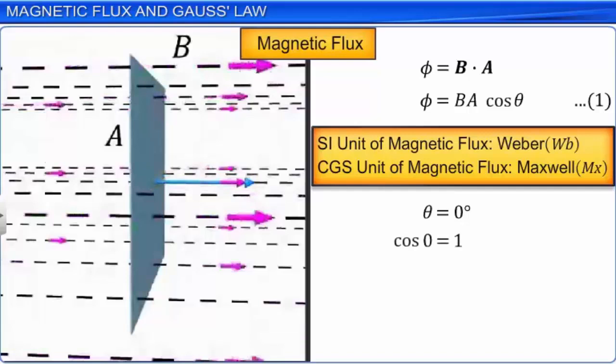Thus, the magnetic flux, phi, is equal to BA. When the flux passing through a given area is maximum, the magnetic flux passing per unit area is called magnetic flux density. Then, the magnetic flux density, B, is equal to phi by A. Let this be equation 2.